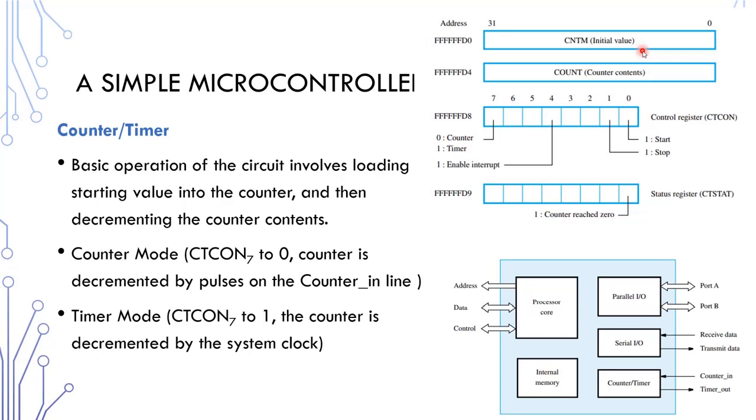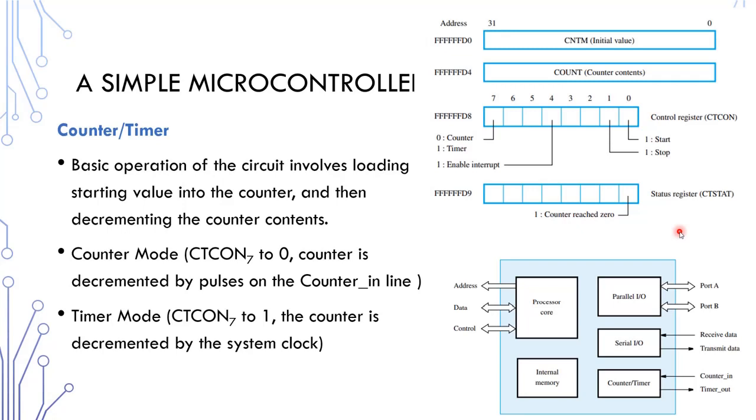The current contents of the counter can be read by accessing the memory address of this register, and the control register CT-CON is used to specify the operating mode of the counter or timer circuit. It provides a mechanism for starting and stopping the counting process and for enabling interrupts when the counter contents are decremented to 0. The status register CT stats reflects the state of the circuit.